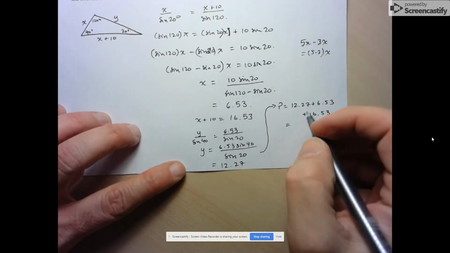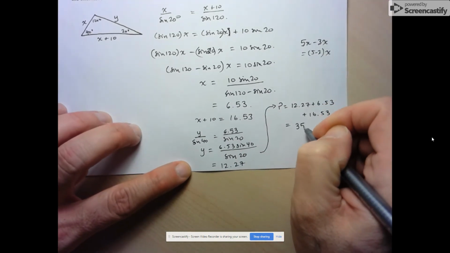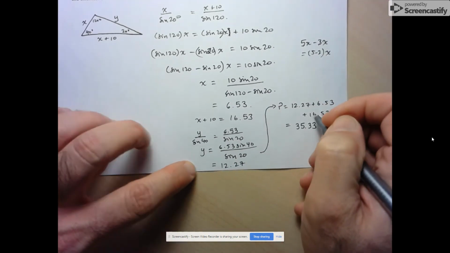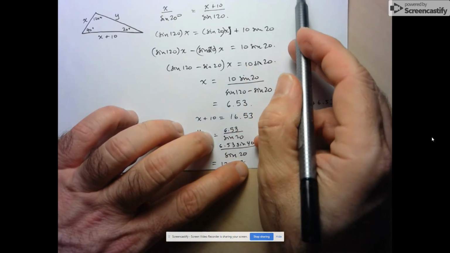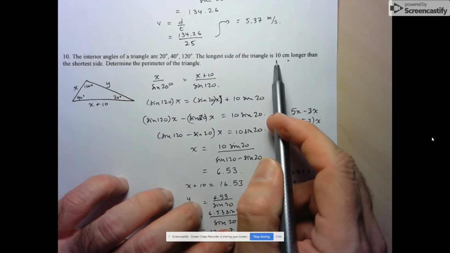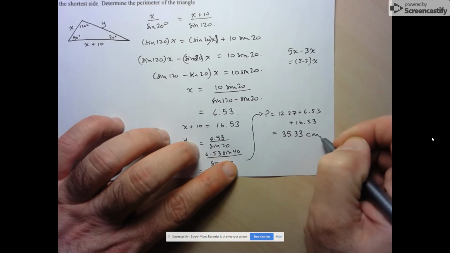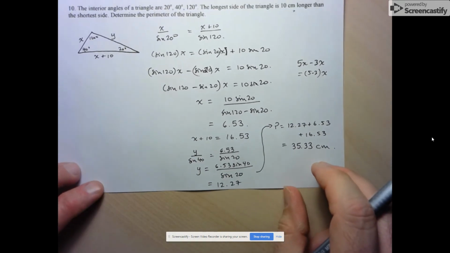If we keep it to two decimal places, 35.33. Okay, and since we were working in, well, if we look up here, working in centimeters, the whole thing is in centimeters. All right, so nice little problem.